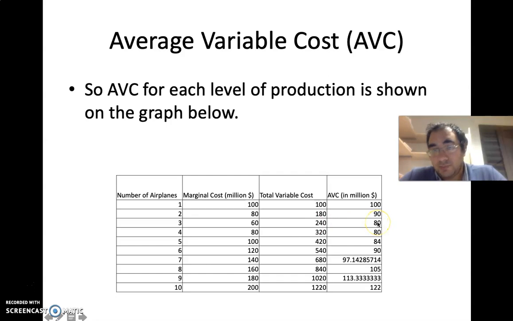Actually, after the third unit, when you come to the fourth unit, the average variable cost remains the same. So, between the third and fourth unit, average variable cost is at its lowest point, while marginal cost is exactly at its lowest point at exactly 3 units. And after that, the average variable cost starts to rise, and up to this point, the average variable cost is decreasing.